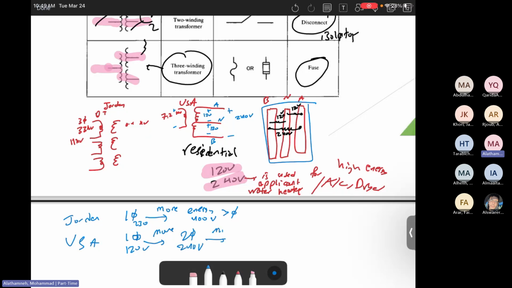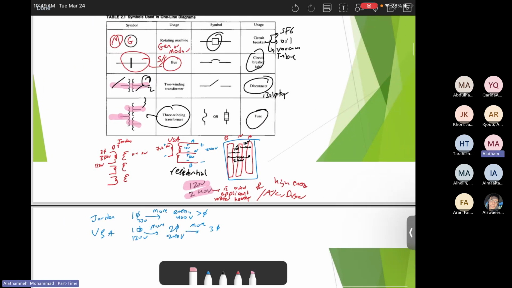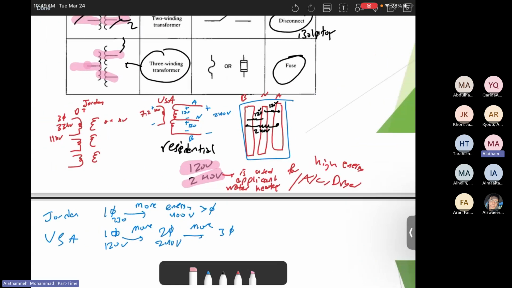Then if you need more, we will switch to the three-phase, which can provide, I believe, 208 volts. I think it's more than 208. I'm not sure. But we'll switch to the three-phase. Okay? Any question? So here's like an application of windings. Yes. Sorry. This is a three-winding transformer.